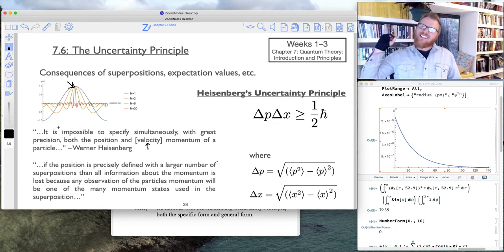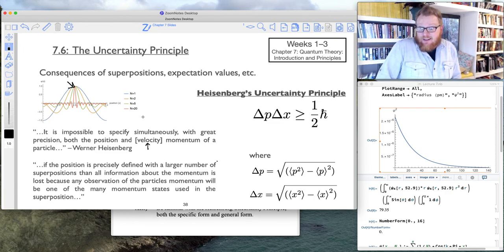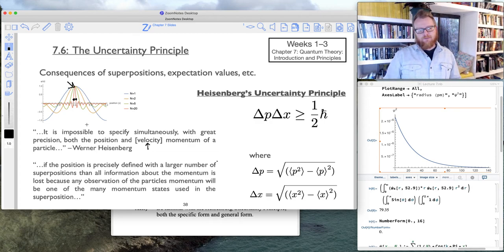If we know exactly the particle is right there, well, we've added 20 of these momentum states to get to that level, to know that that's where it is with this very tight amount of precision.